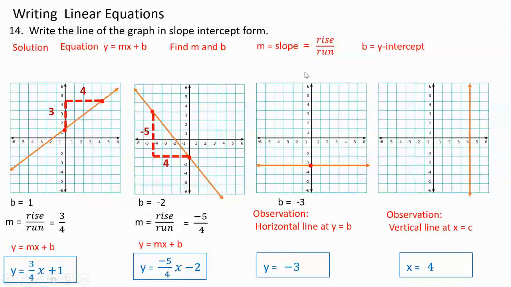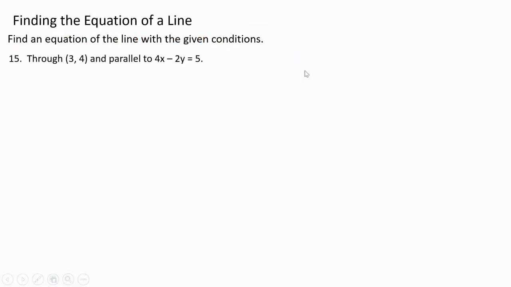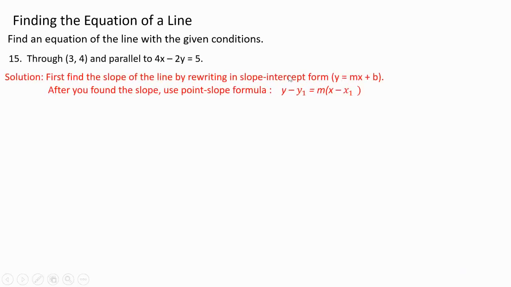Let's continue with number 15. It says to find the equation of a line that goes through the point (3, 4) and is parallel to the line 4x minus 2y equals 5. So, solution. First, we need to find the slope of the line by rewriting it in slope-intercept form.